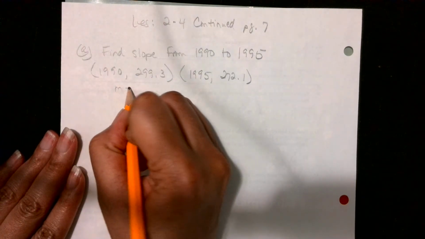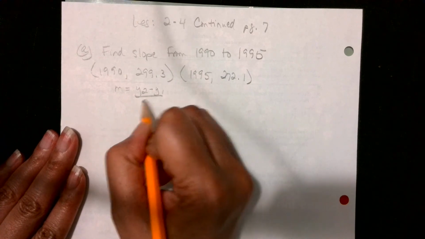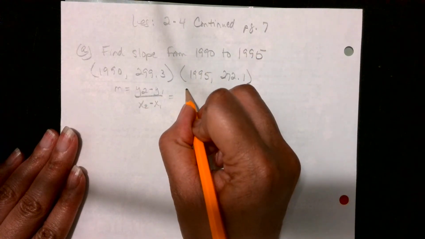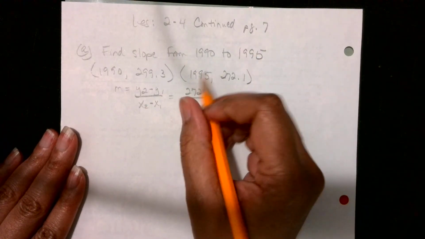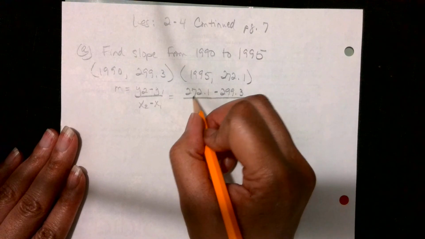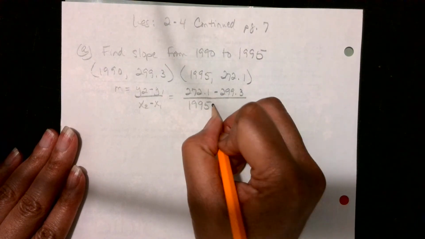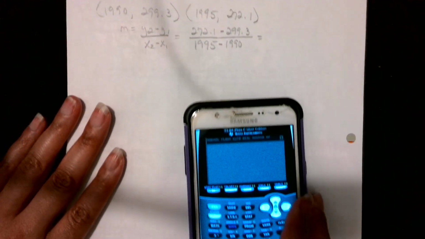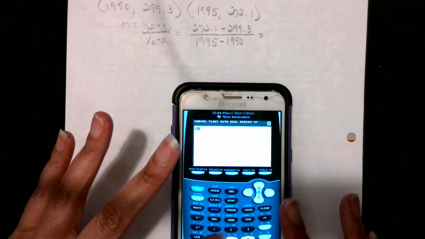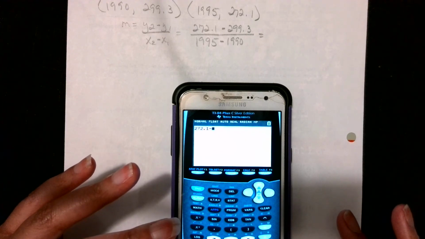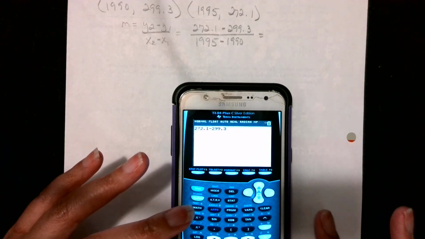So you just find the slope the regular way. So 272.1 minus 299.3.